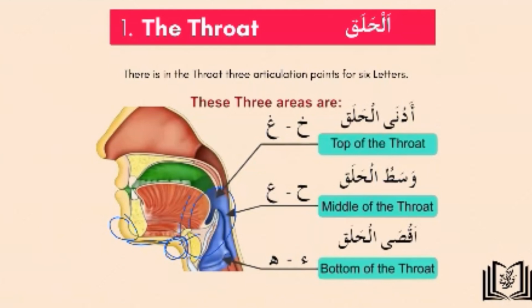When you're pronouncing ha and ain, this part will touch your fingertip and go back. So it is in between your throat. Any other doubts? No, sister. Inshallah you can practice very well and then we'll move forward tomorrow, inshallah.